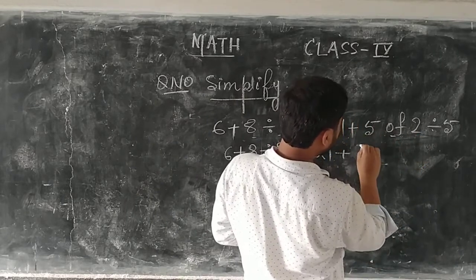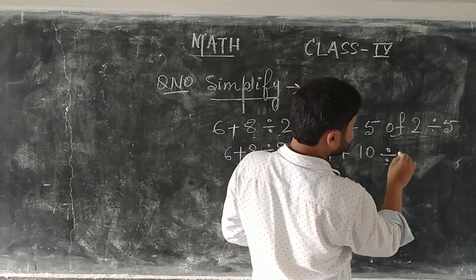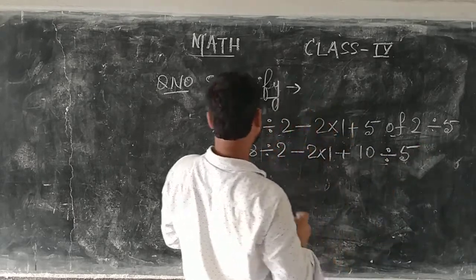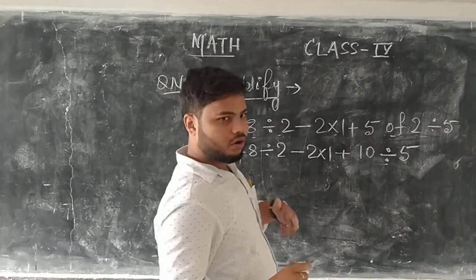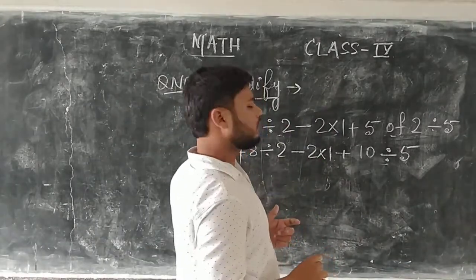We will write here 10. After that division symbol, write 5. After that of, we will work out division.